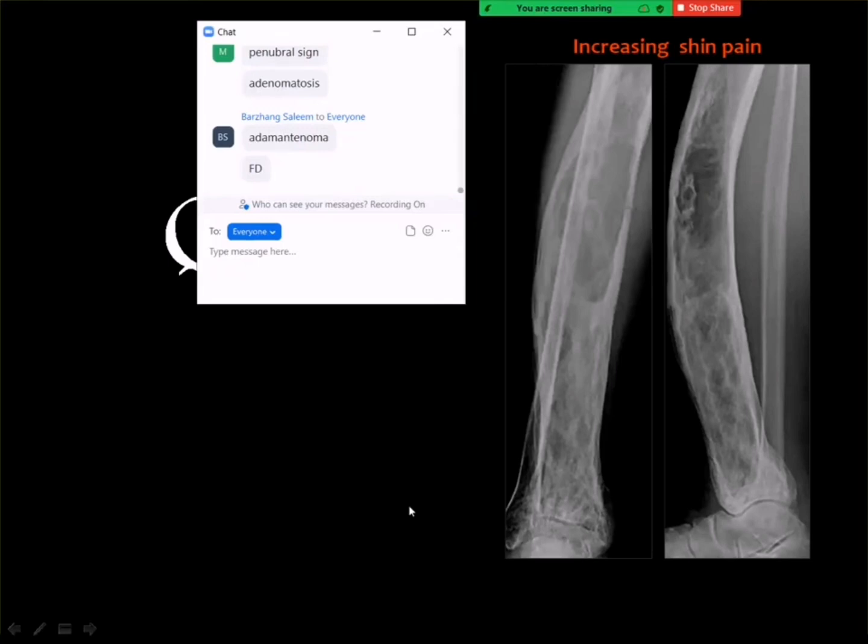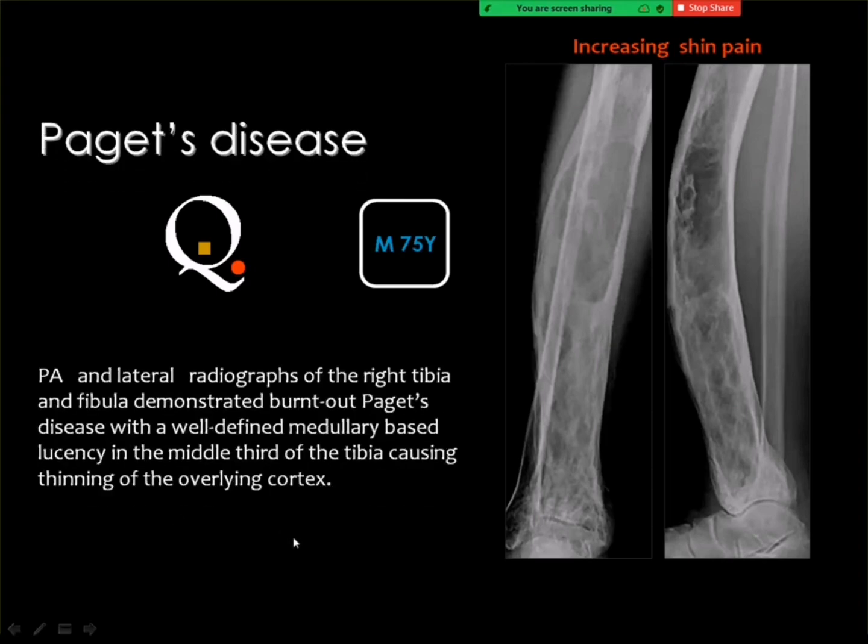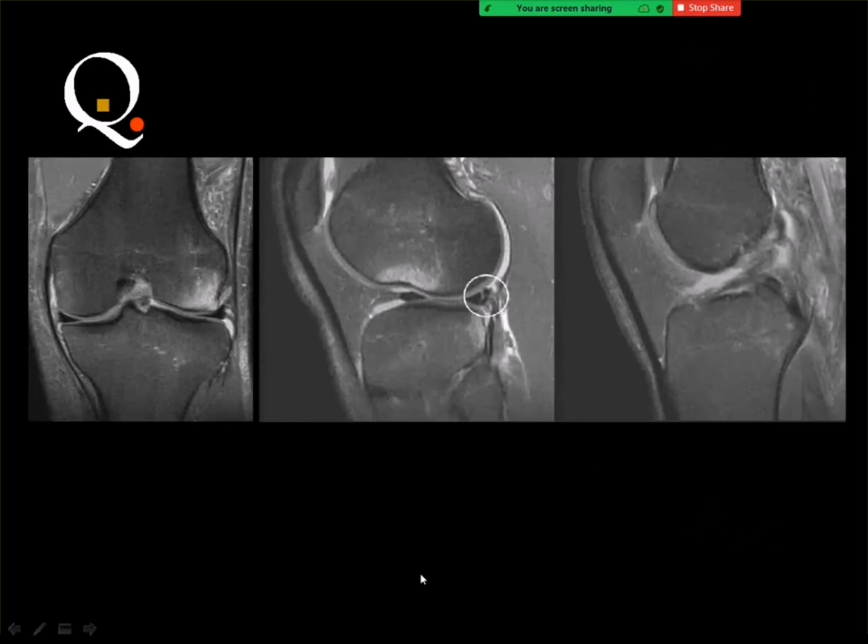Yes, the disease which causes significant enlargement of the bone, and this is Paget disease of the tibia. Of course, the adamantinoma does not cause enlargement of the bone, but it causes some bending or bowing of the tibial shaft. But the only disease, in my opinion, which can cause significant enlargement of the bone compared to the normal side is Paget disease.